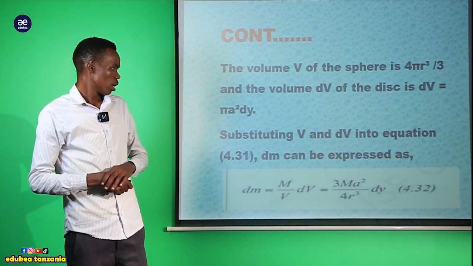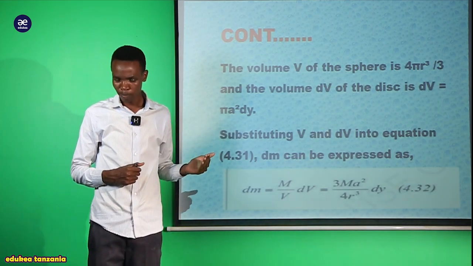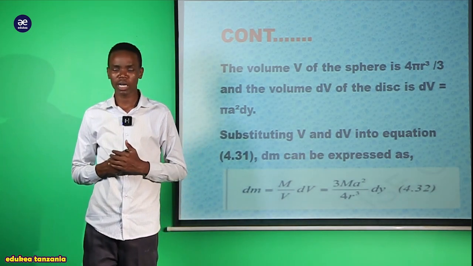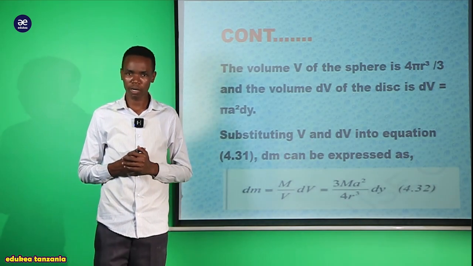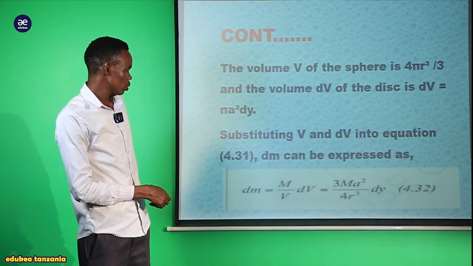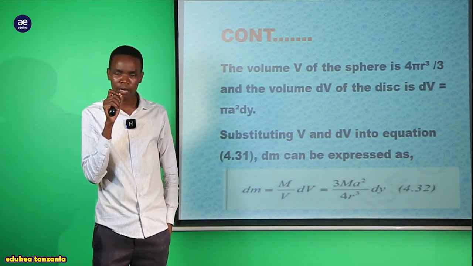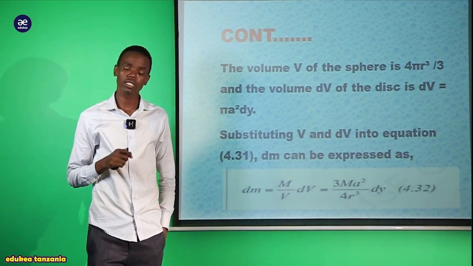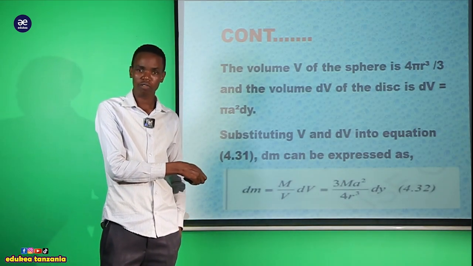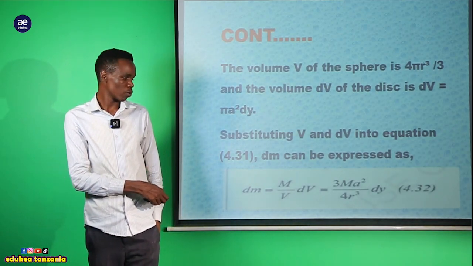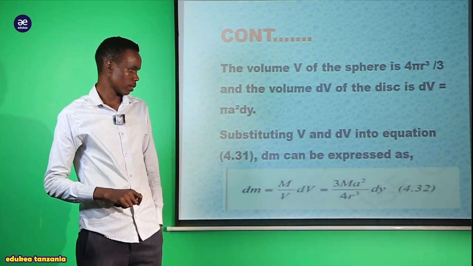This is how we obtain it, my dear students. After this, we substitute our given values into our equation. Making dm the subject, the mass of the elemental disk, dm equals M, the mass of the whole sphere, divided by the volume of the sphere, times the volume of the elemental disk.